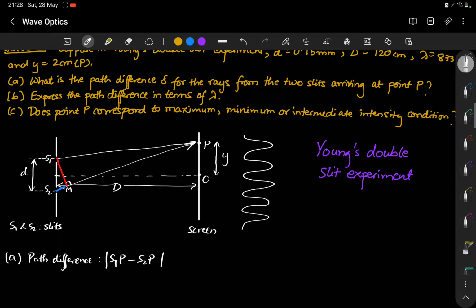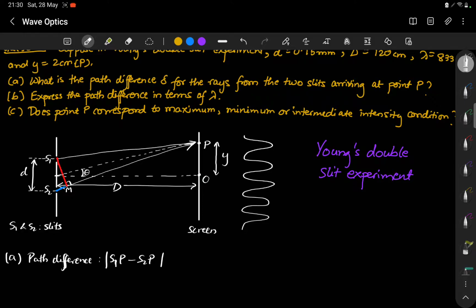Now if we connect the center to the point P, we consider this angle as theta, taken between the line joining the midpoint of the slits to P and the perpendicular line to the screen.